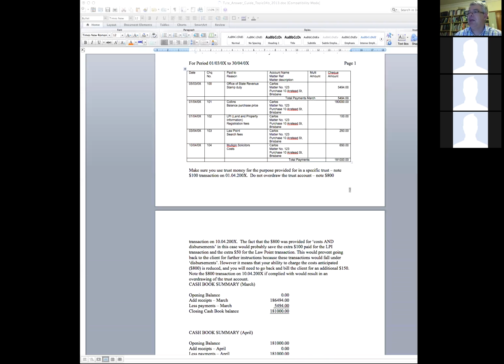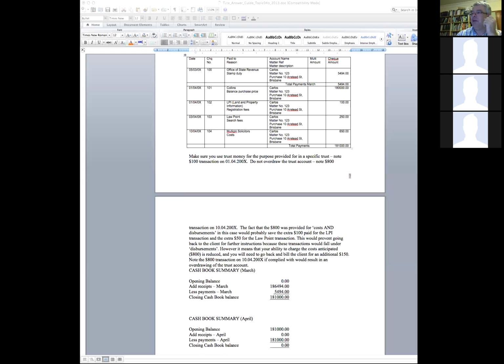So there's in fact only $650 left. Now the reason for that, this is why it was a tricky question, because when you looked at it originally, you would think, oh, okay, there was $800 there for a specific trust to pay our fees. Well, you should just pay that. But you must check that there's actually money left in that ledger to pay that amount. So the reason why there isn't, you can see there it's explained.